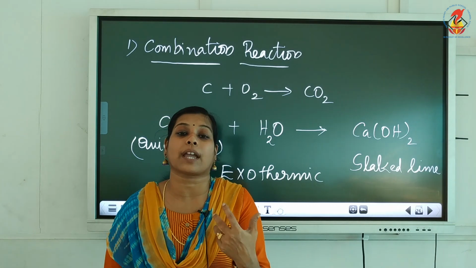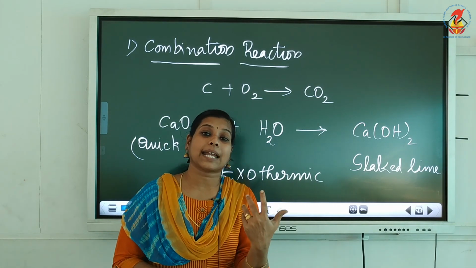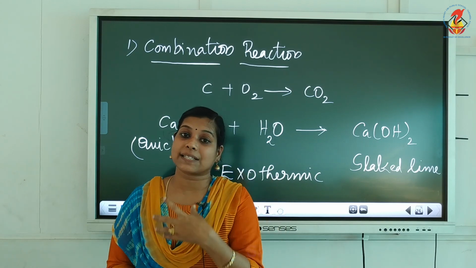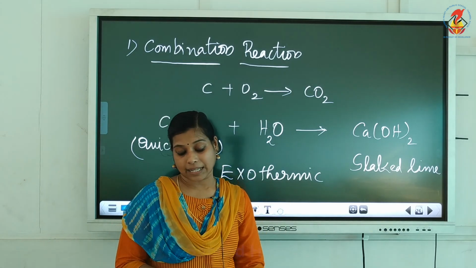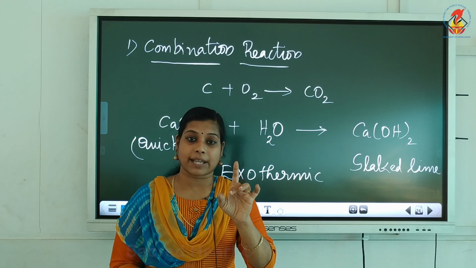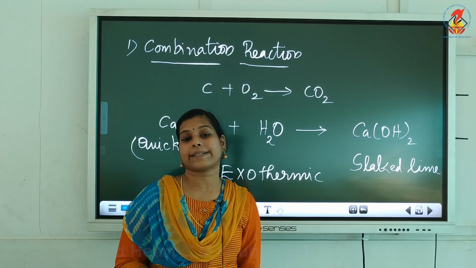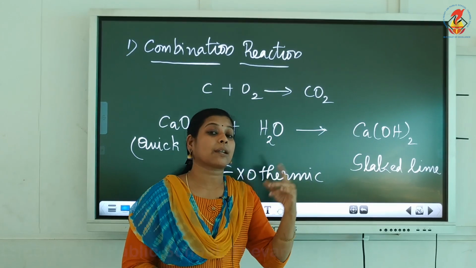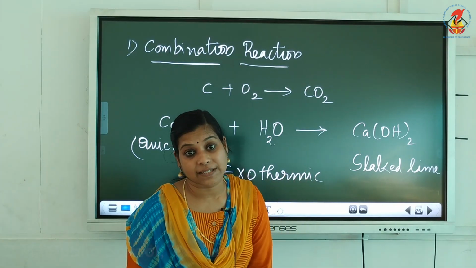Respiration is also a combination reaction. At that time glucose combines with oxygen and energy is liberated. In that case the product may not be a single one, more than one product is there, but it is also an exothermic reaction in which energy is liberated.